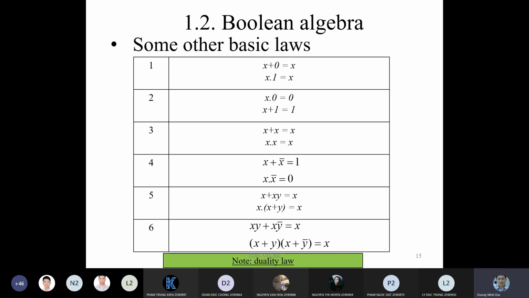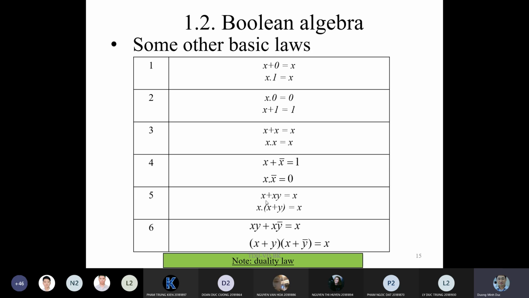But here, remember, we don't have this because we don't have the minus operation, so we cannot subtract x from both sides. So it looks a little bit stranger. Please remember. But proving it is easy, right?